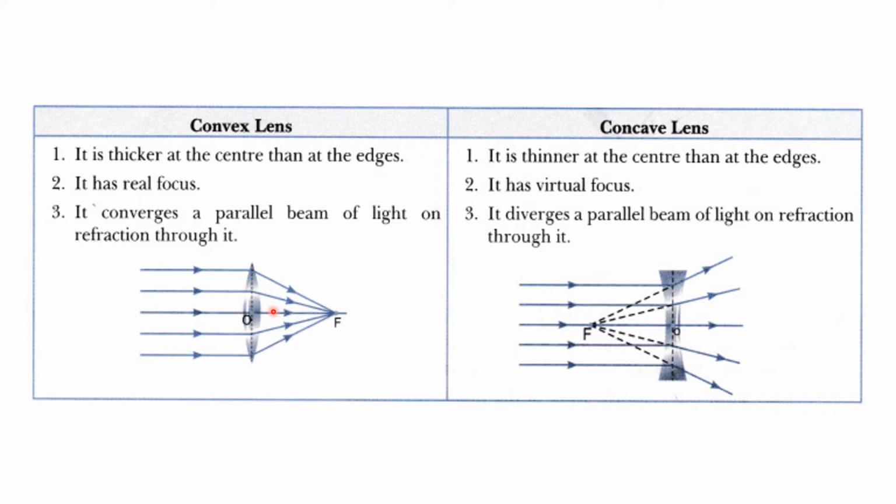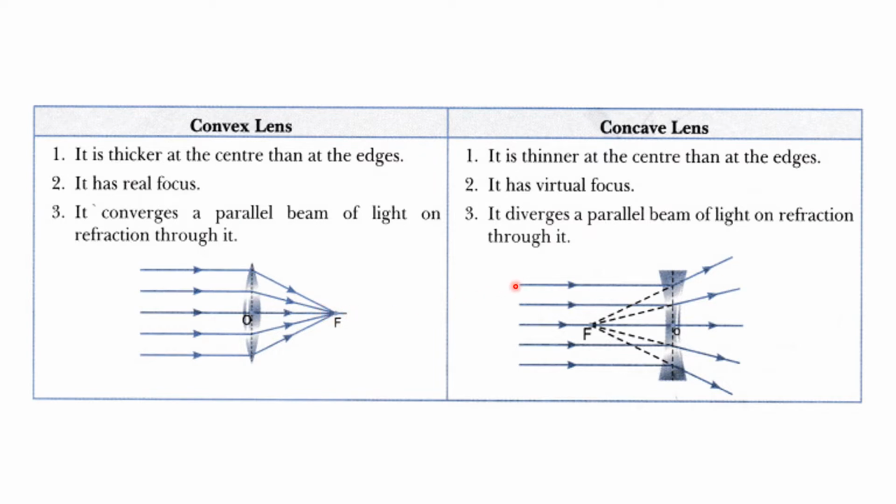In case of a concave lens, lenses are thin at the center and thick at the edges. Now if you see, all the refracted rays in the convex lens are converging at one point. So we call the convex lens a converging lens.